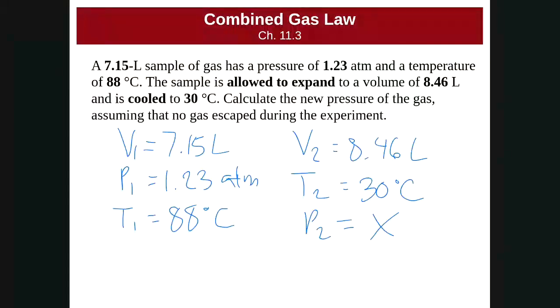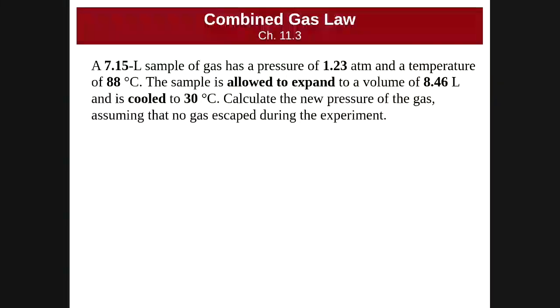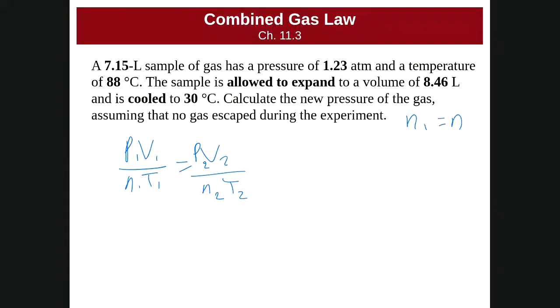All right, so I'm going to rewrite this in terms of our combined gas law. All right, so we have P1 V1 over N1 T1 equal to P2 V2 over N2 T2. So because no gas escaped during the experiment, that means our number of moles did not change. We didn't lose any. So N1 is equal to N2. All right, so we want to solve this for P2. So I'm going to multiply N2 T2 to the other side.